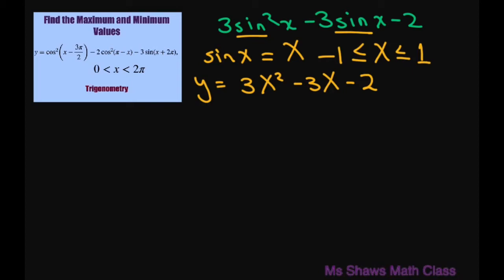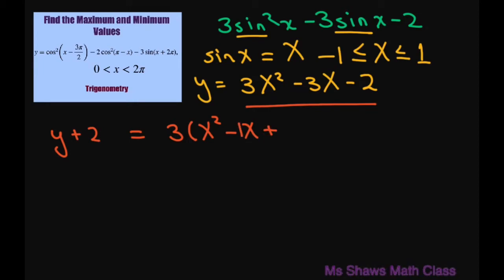All right. So now what we want to do is complete the square on this. So I'm going to write this as y plus 2 equals, factor out a 3, and you're going to get x squared minus x. And when you complete the square, you add half of this, so half of 1 is 1/2, squared. It's going to be 1/4. So this is 3 times 1/4.